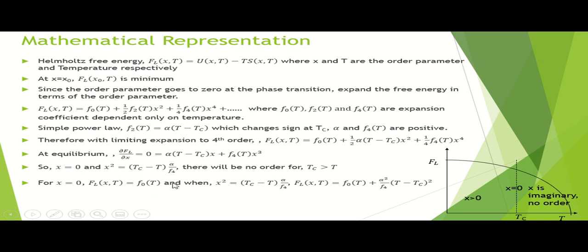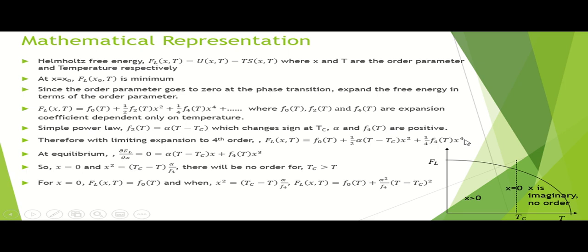And if you substitute the other solution, where x square is equal to Tc minus T upon T times alpha upon f4, you will get T minus Tc square. The first term will be as it is, the square of alpha square divided by f4, with a half multiplied.